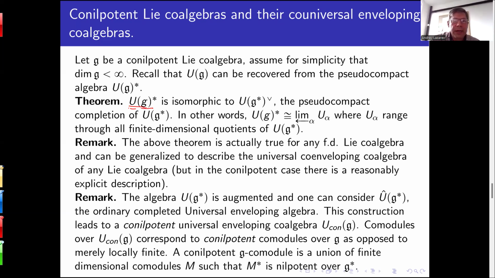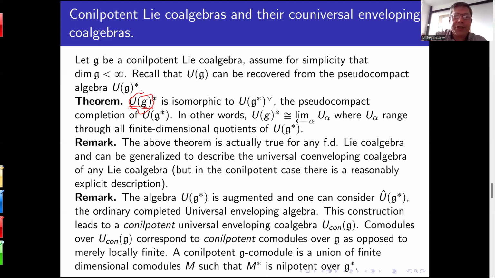So G is conilpotent, and we also assume that it's finite dimensional, just for simplicity, not because we absolutely need it. Then the universal enveloping coalgebra of G has a dual, which can be described as follows.